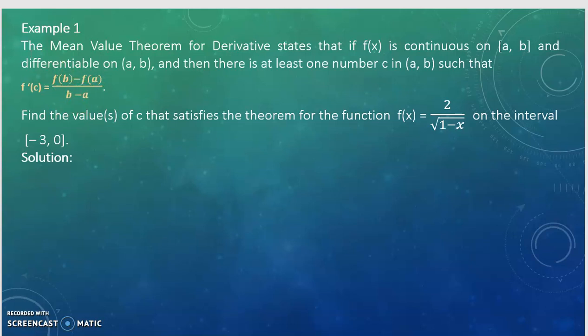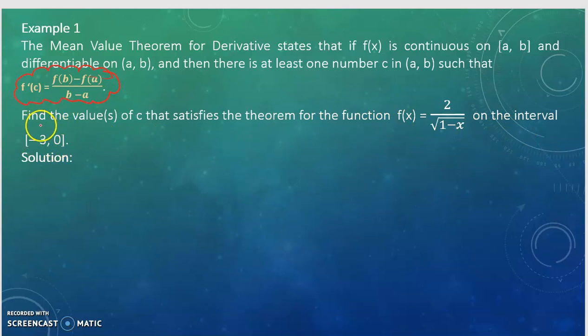So here is the function. This is the important part where we will apply this formula. Find the value of c that satisfies the theorem for the function f(x). The function is given on the interval from -3 to 0.